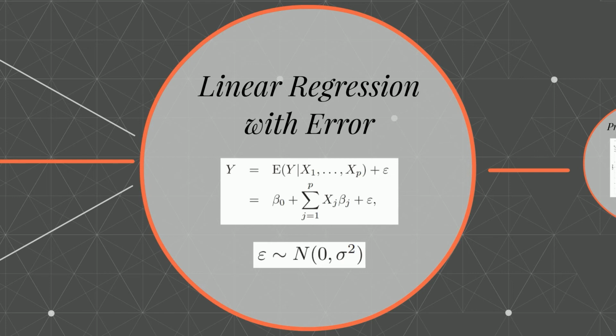Hence, we get the following equation where the error epsilon is a Gaussian random variable with expectation 0 and variance sigma squared. And that can be written as follows, where epsilon is approximately N(0, sigma squared). That is, epsilon has an expectation 0 and a variance sigma squared.